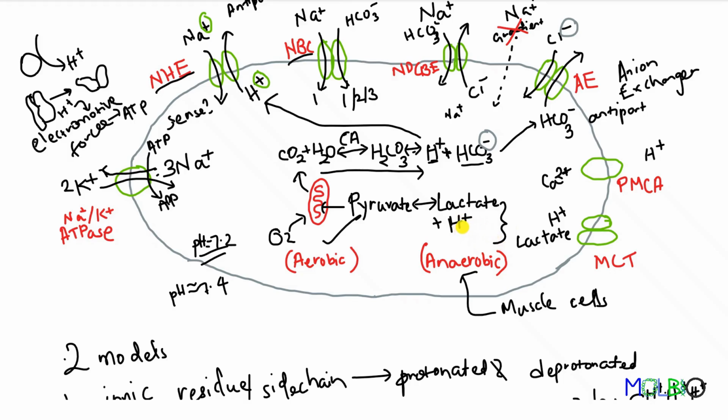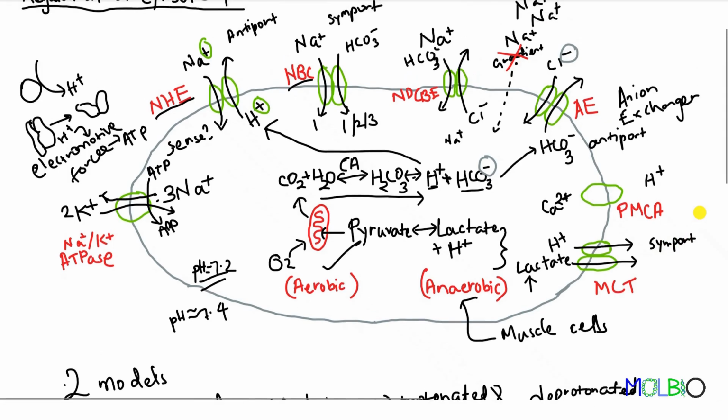Now, here you see there is an excess of lactate inside the cell than outside because lactate is being built up. This high concentration creates a gradient, and this gradient is used to give energy for proton transport, and this becomes a symport.